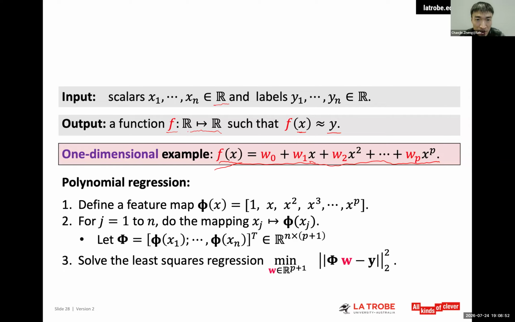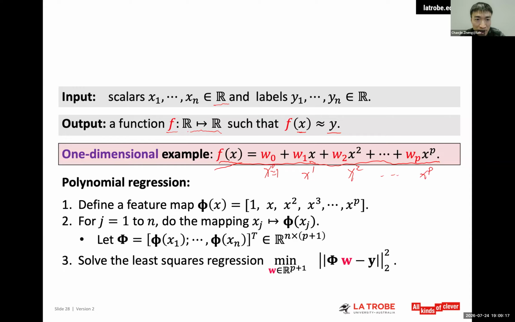The x terms are x to the power of a certain number. It starts from x to the power of 0, which is 1, so it is just ignored in the first term. And then x to the power of 1, x to the power of 2, and so on until x to the power of p.